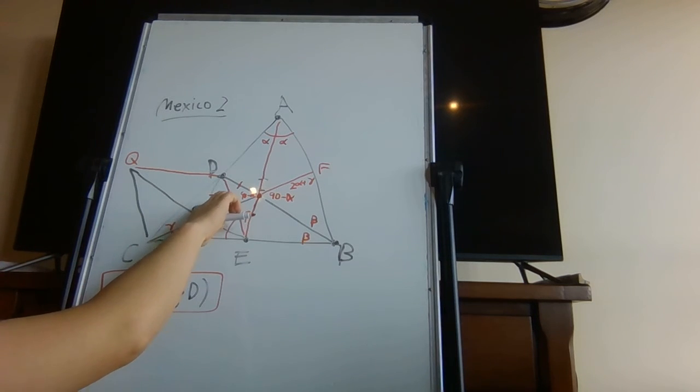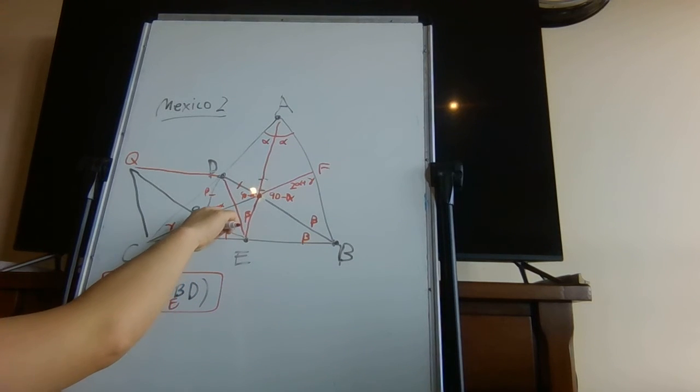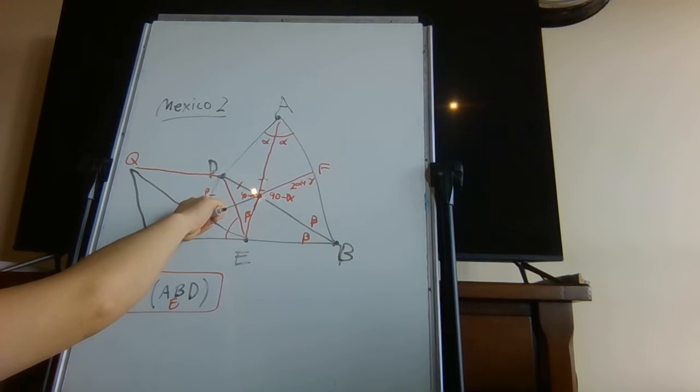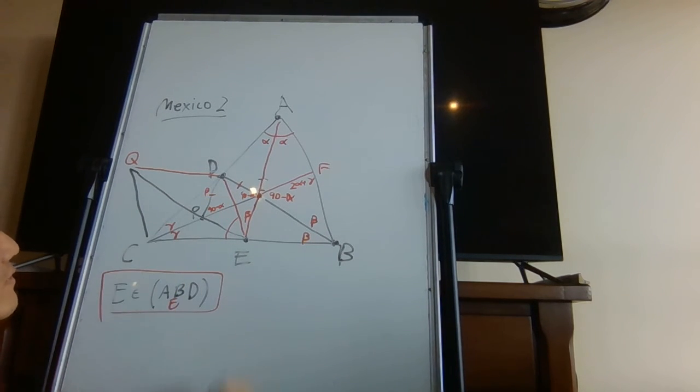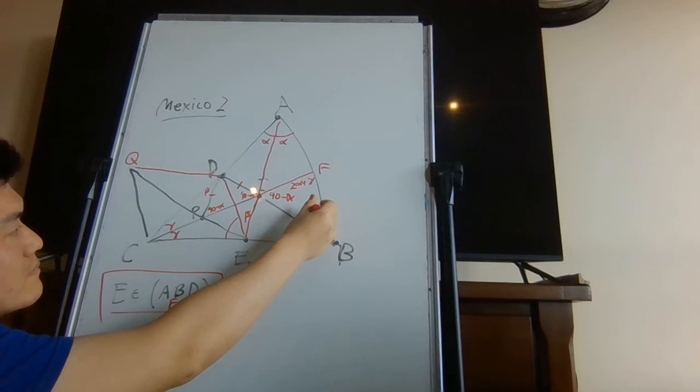Oh, okay. So this is beta here, right? Yeah. You see that? So 90 minus alpha, exterior angle with gamma, so that's beta. And we just have to show that's beta as well. It is from the exterior angle here.